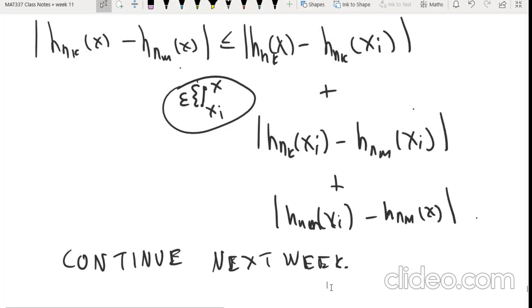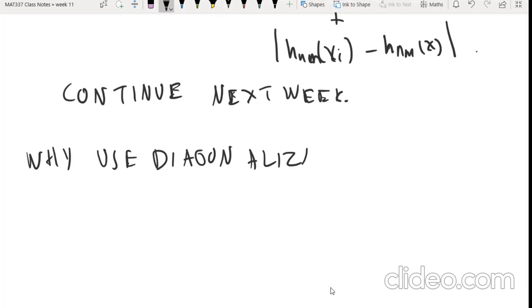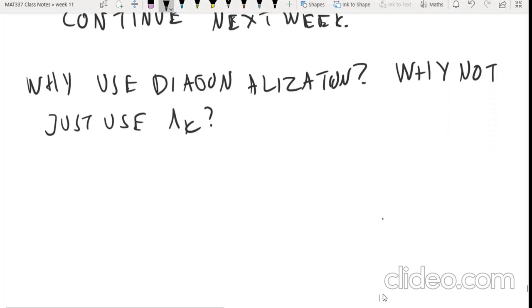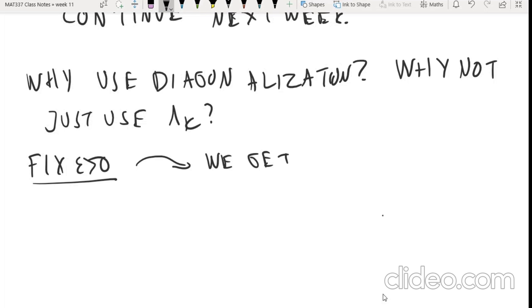So okay, here's why we need to use diagonalization. Why not just use lambda k? The reason is, remember, you fix epsilon and then you get the epsilon net x_1 through x_n. That's actually a very good question.